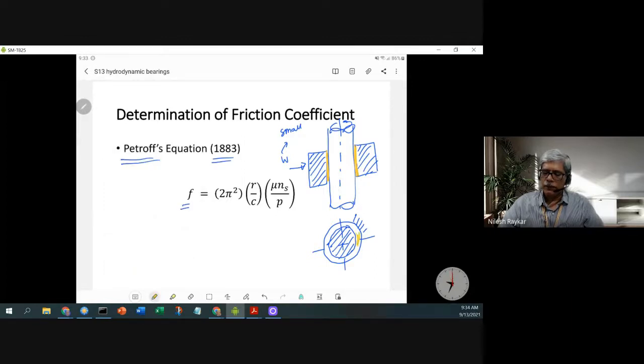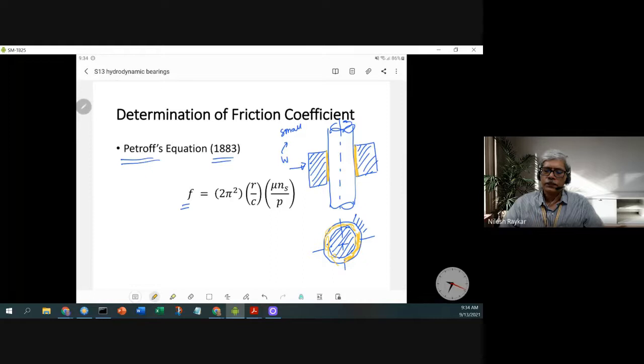In this particular analysis, Petrov assumed that there is no eccentricity. We have seen in the hydrodynamic bearing that the wedge shape happens because of the eccentricity of the shaft with respect to the sleeve.